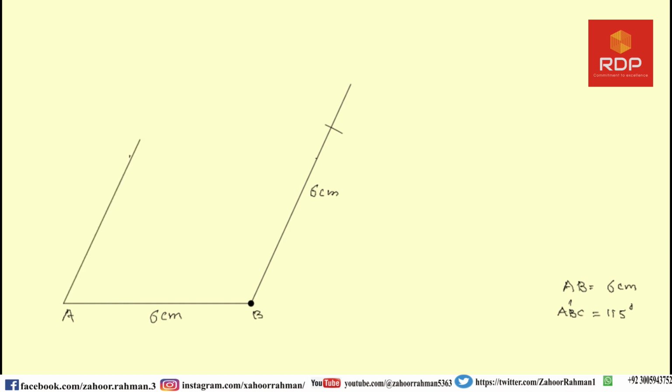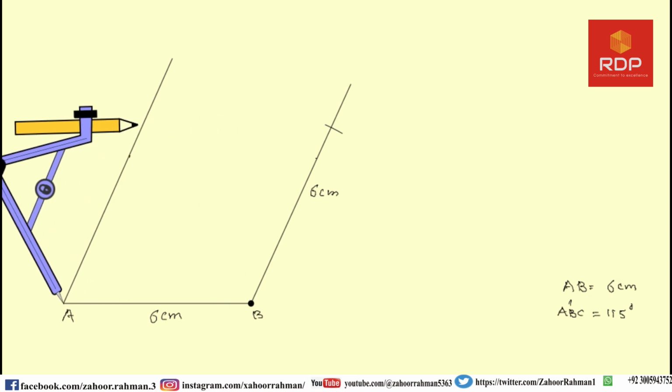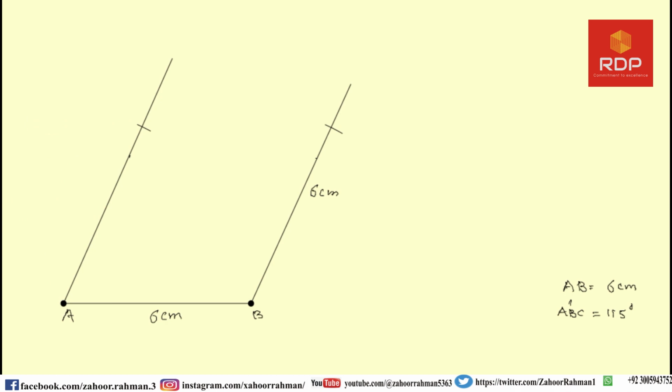Let us connect these points, and again I have to draw an arc of how much? We have to draw an arc of 6 centimeter. We have to connect this line with this.